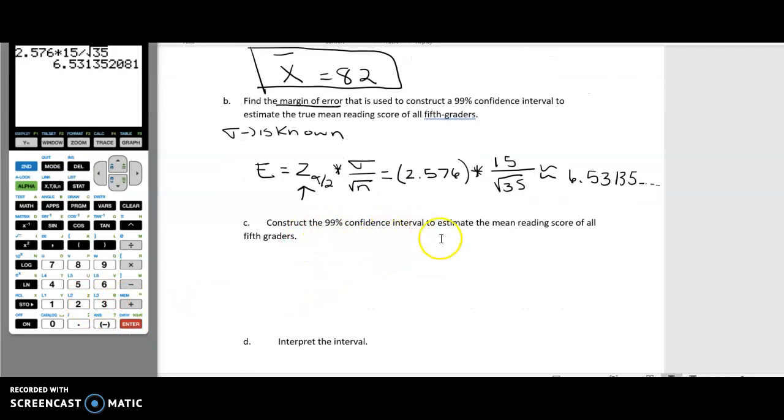Construct the confidence interval to estimate the mean reading score of all fifth graders. So here we want to actually construct the confidence interval. To construct the confidence interval, you need two things: x bar, that best point estimate, and your margin of error. Well, x bar is 82.